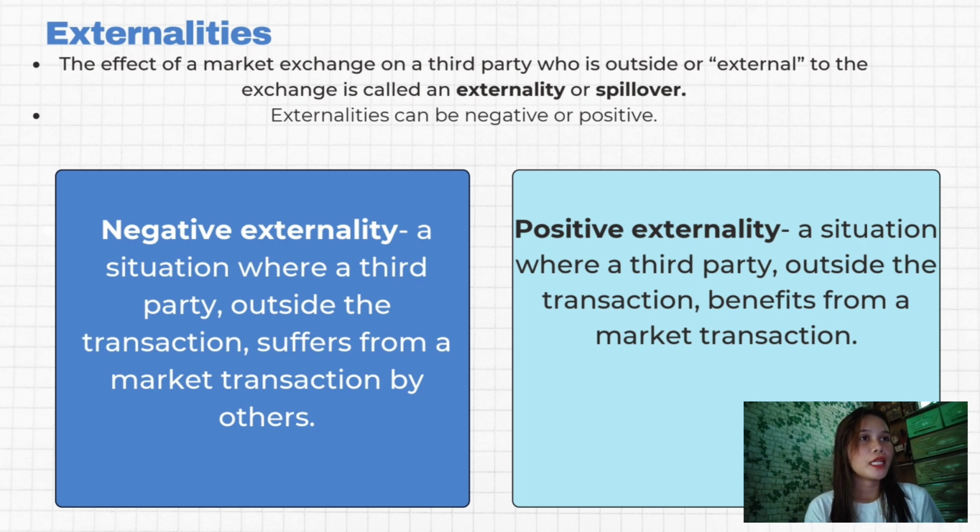And a positive externality is a situation where a third party outside the transaction benefits from a market transaction. An example of this is education. When individuals invest in education, not only do they benefit by gaining knowledge and skills, but society as a whole benefits from a more informed and productive workforce, leading to overall economic and social development.